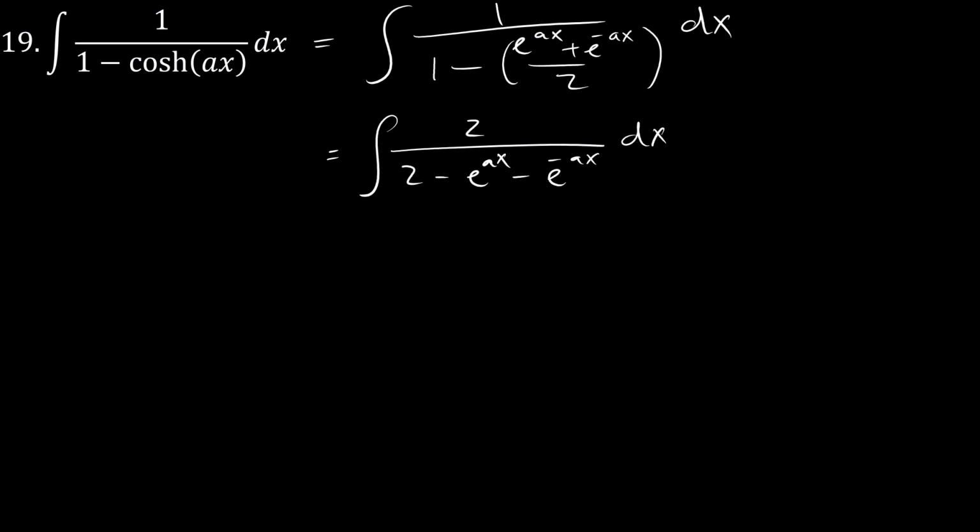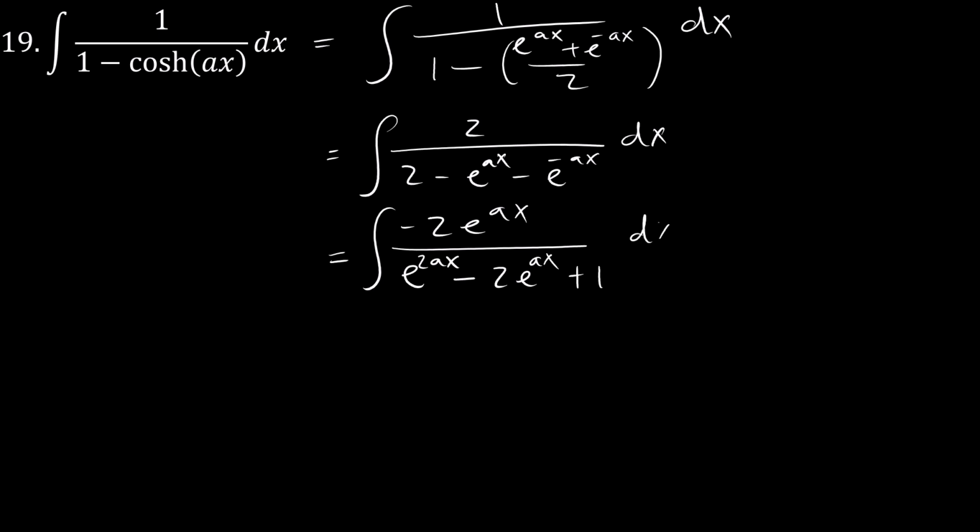If we multiply both the numerator and the denominator with e to the power ax, we have 2 e to the ax, and if we apply a negative here, we get negative e to the 2ax minus 2e to the ax plus 1, which is the same as, we pull the negative 2 out, we have e to the ax over e to the ax minus 1 squared.